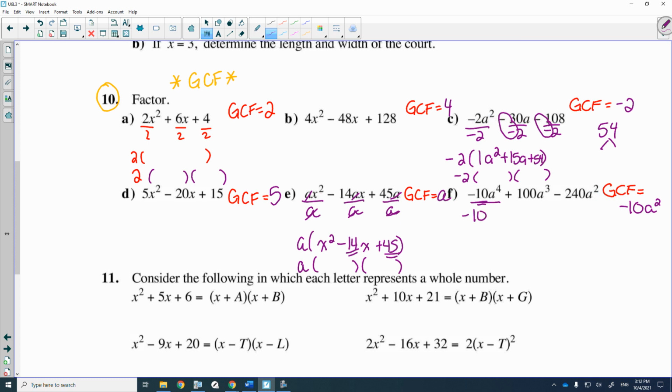So -10a squared, -10a squared, -10a squared, -10a squared. -10 divided by -10 is 1a squared minus 10a plus 24. And then factor that out by inspection. And that is it for this lesson.